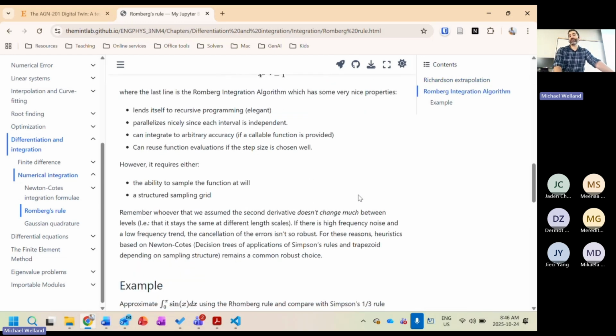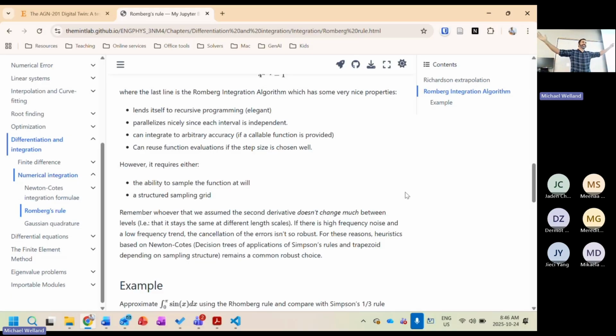in which case it doesn't make it as effective. So not only do you need a structured sampling grid, preferably in factors of 2, no, yeah, powers of 2, there's the word. But if your curve has these high order oscillations, then this can play games. And where would you get high order oscillations?